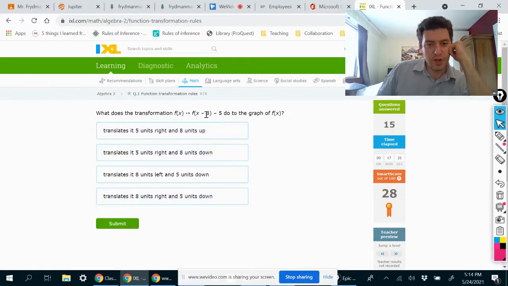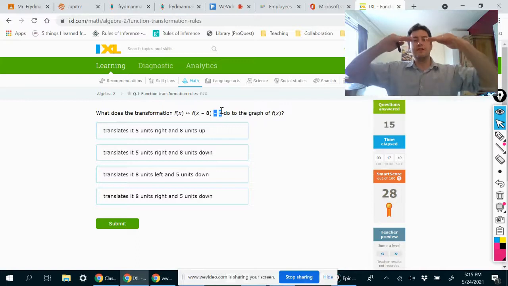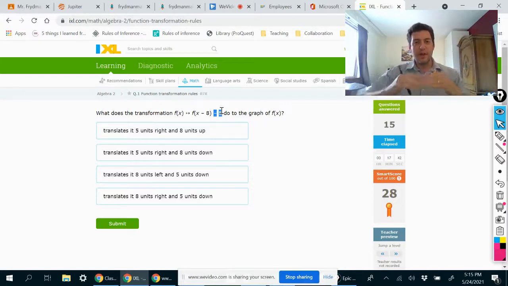Okay, here two things are happening. This -8 inside the argument is going to shift everything to the right by 8 units. And then this -5, which is outside of the argument, is going to shift everything down by 5 units. So here's something to remember.